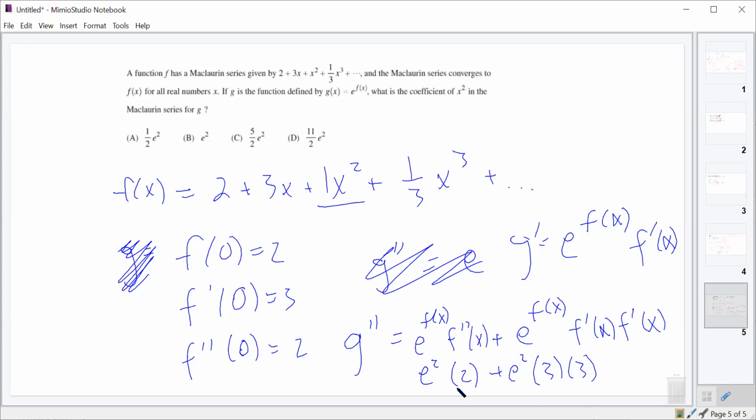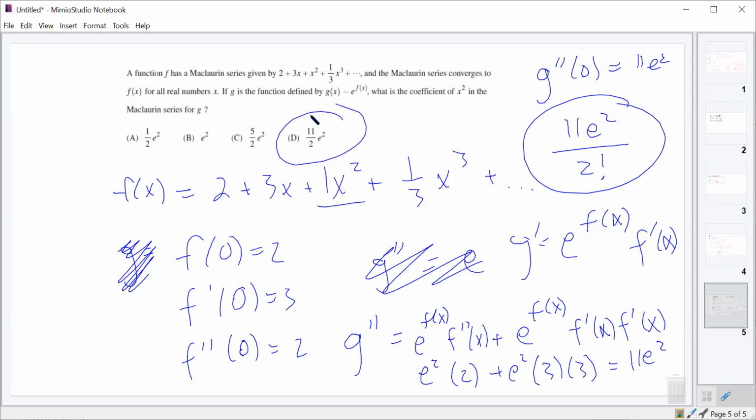So that ought to end up being 11 e squared is what g double prime of 0 is. And if g double prime of 0 is 11 e squared, then the coefficient on the x squared term ought to be 11 e squared over 2 factorial, which ought to be D.